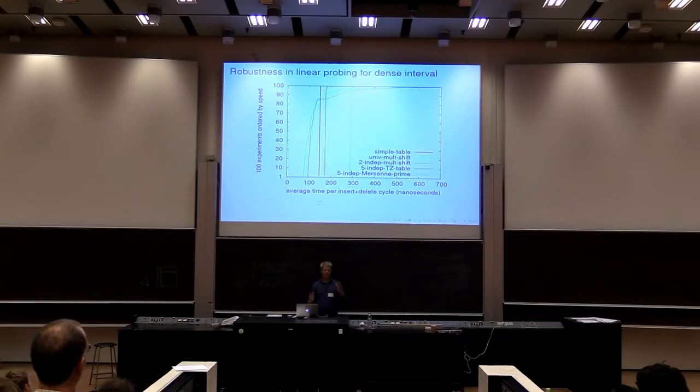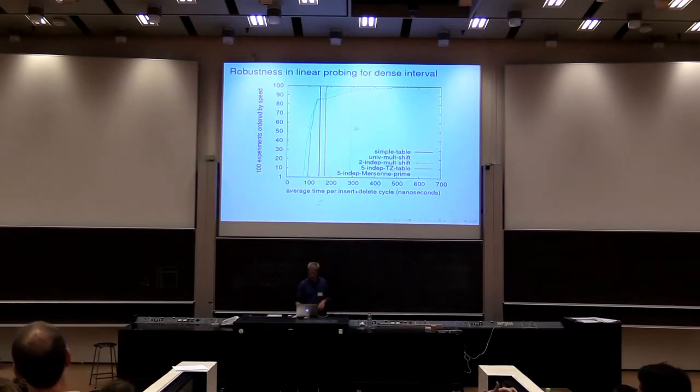But when it gets systematically bad, it gets horrible. So this one is going towards infinity. And this is really nasty because this is when the system breaks down completely, when all the placements of different things in the hash table end up with quadratic performance. The schemes with the horizontal lines here are the ones that are supposed to work well in theory, and as you can see, they have very reliable performance.